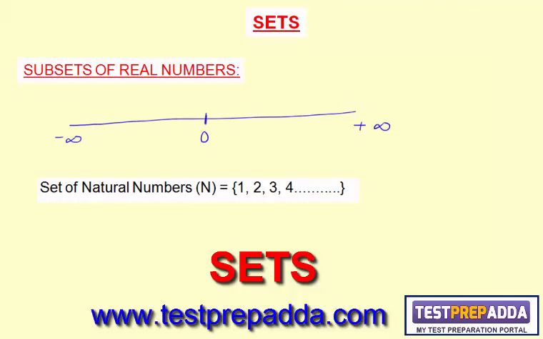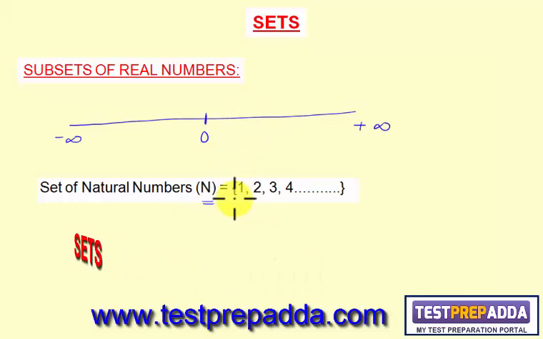numbers. Set of natural numbers. We write this as N is equal to. You can see I have written these natural numbers in tabular form. Now, natural numbers, they come naturally.